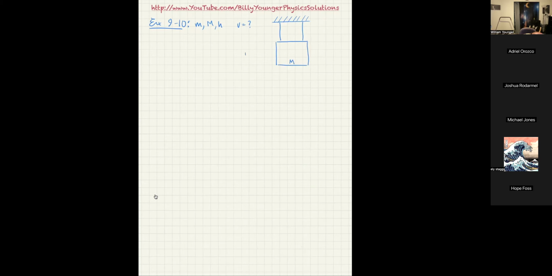And we have a mass, little m, moving with a velocity, little v. And sometime later, the mass little m is going to embed itself into the mass big M. And then the mass big M is going to swing to some height like this.